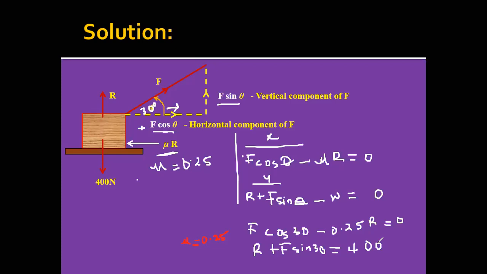Once we have two equations with two unknowns, we can easily find the force, either by substitution or by elimination. You can easily make R the subject in this equation here, which will be 400 minus F sine 30. So kindly do the calculation at your end. I have the final results here. I already displayed it. This will be 400 minus F sine 30.